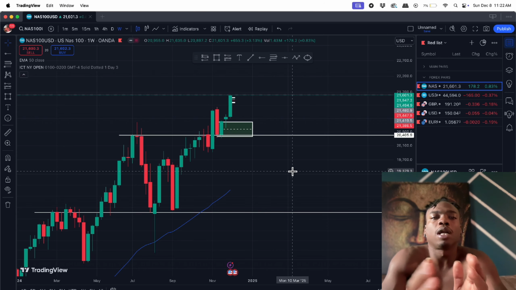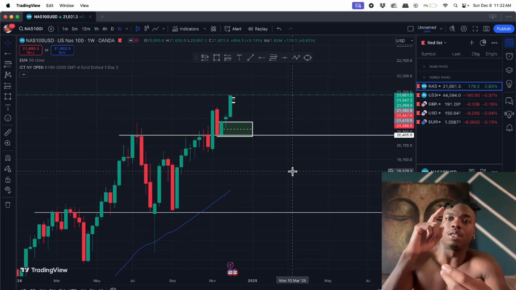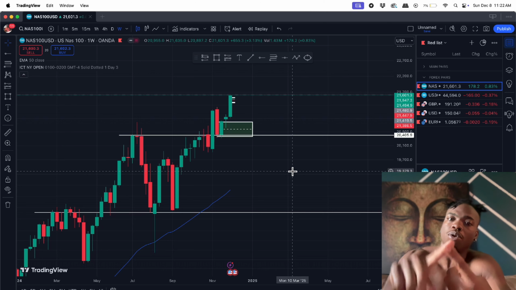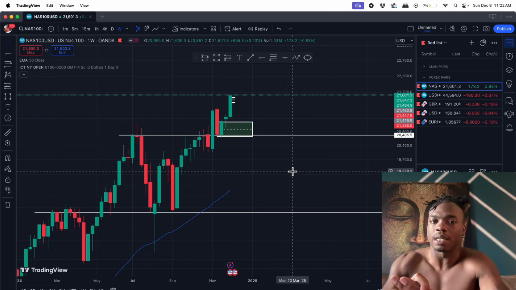On the weekly, I mark up the area of interest. On the daily, I determine the bias, which is if weekly and daily match. So if the weekly is bull, the daily has to be bull, and then that's my bias for the rest of the week.